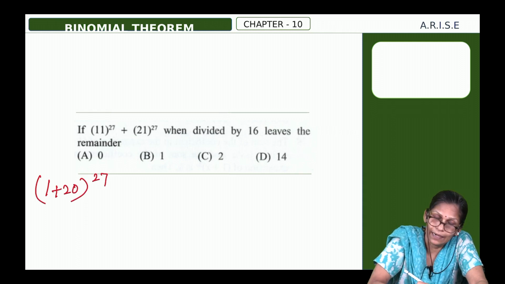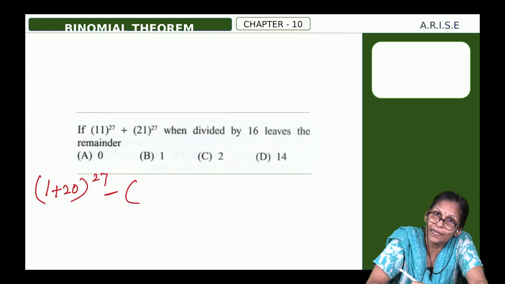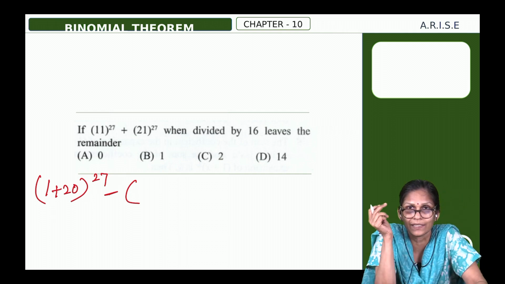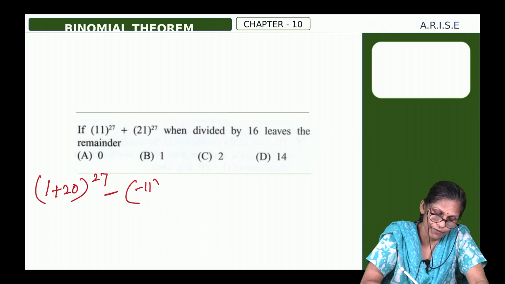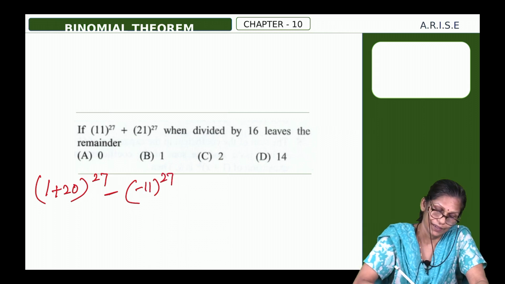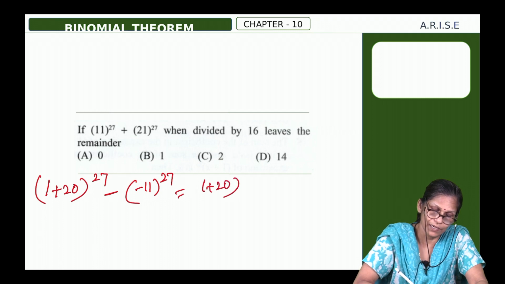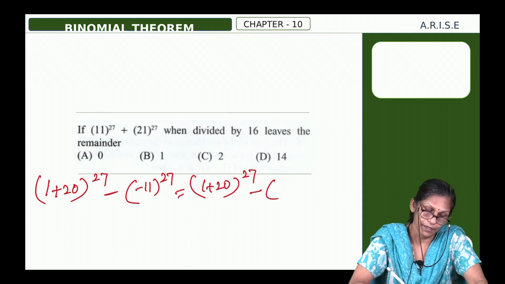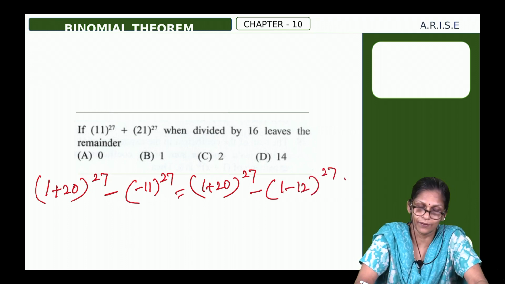Now, this 11 can't I write as minus 11 the whole raised to 27 and minus of that. So, minus 11 raised to 27 because the negatives would now become positive. So, 1 plus 20 the whole raised to 27 minus, how do I write this? Isn't it 1 minus 12 the whole raised to 27?